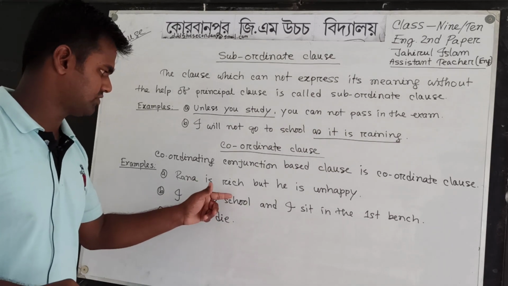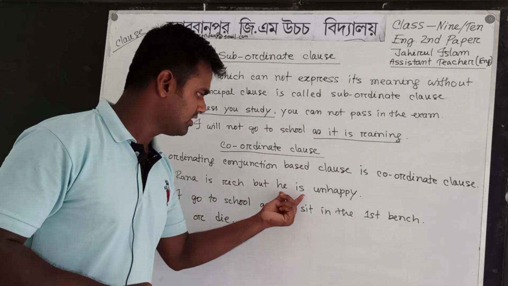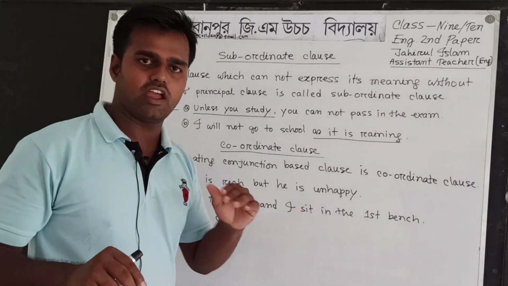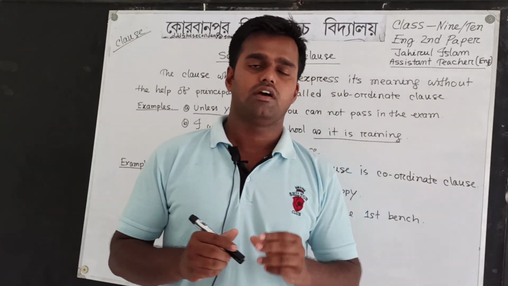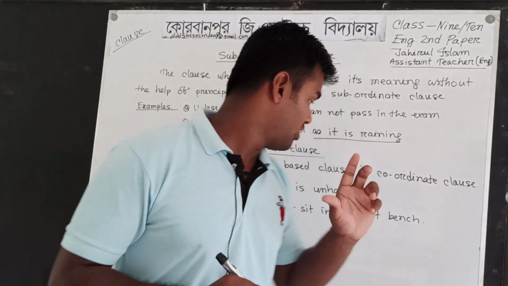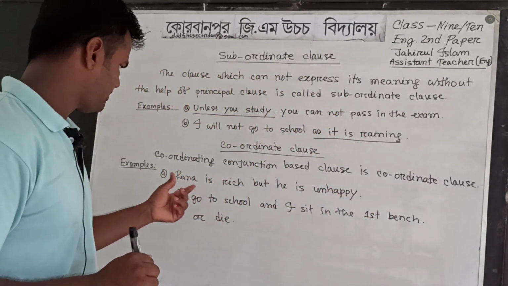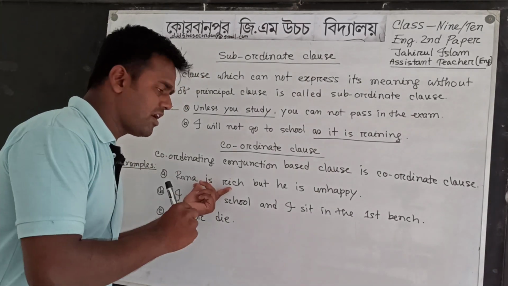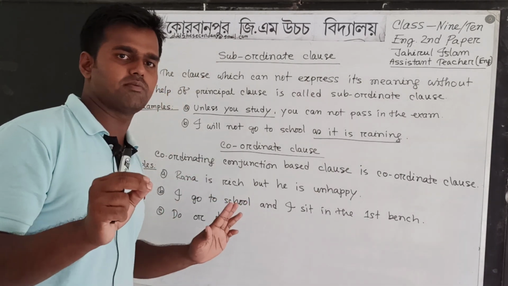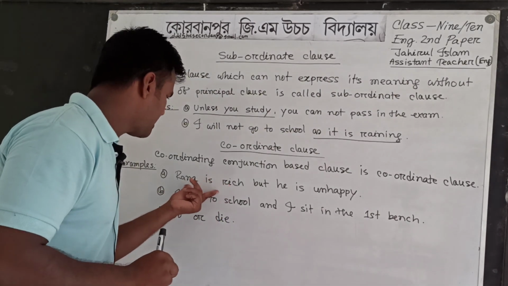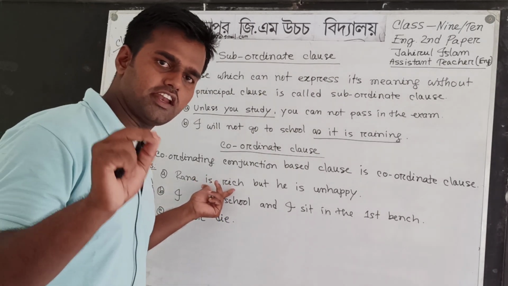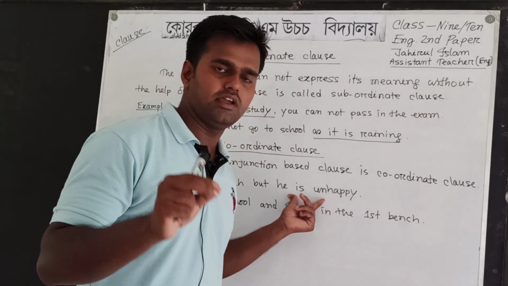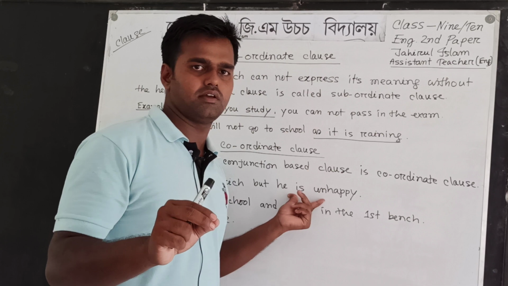Now look at the examples. Rana is rich, but he is not happy. Before saying the example, I am sharing another part. A coordinate clause will have two principal clauses. The first part and the second part will be principal clauses. Rana is rich. It can express its full meaning. Even he is unhappy, it also can express its full meaning.